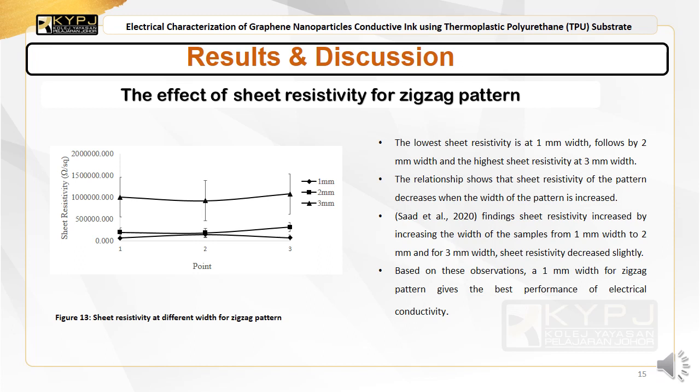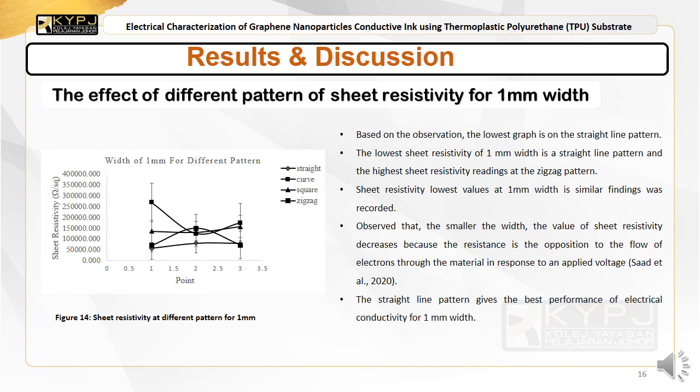Saad found sheet resistivity increased when increasing the width of the samples from 1 mm to 2 mm, and for 3 mm width, sheet resistivity decreased slightly. Based on this observation, a 1 mm width for zigzag pattern gives the best performance of electrical conductivity.